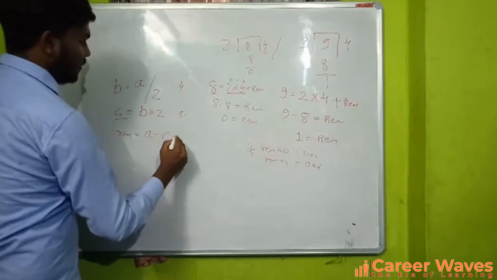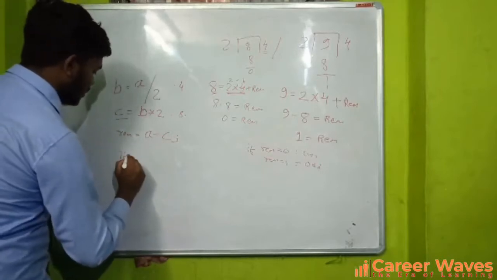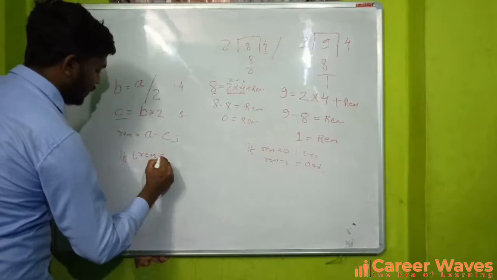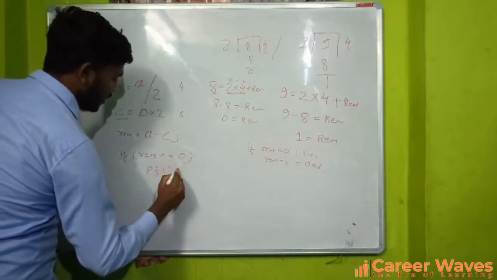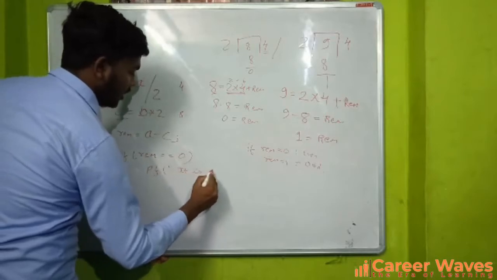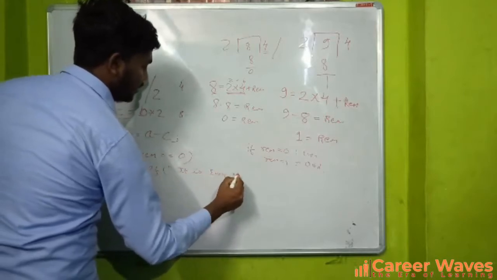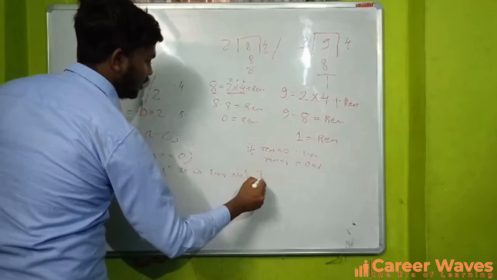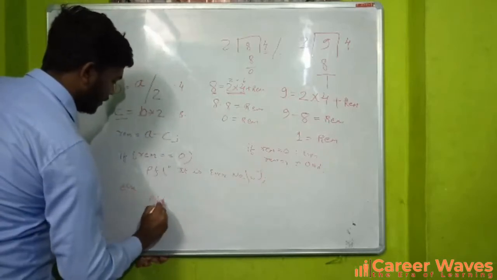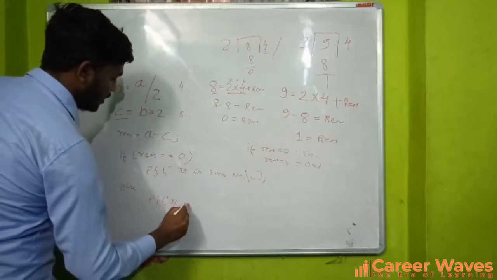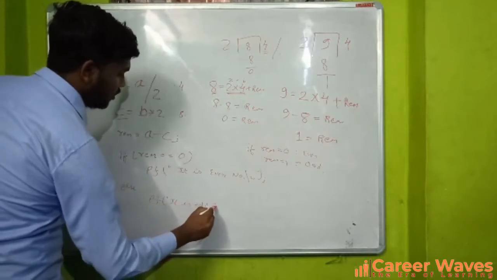Now this will give us the remainder. So if remainder is equal to 0, then printf it is an even number, new line, else printf it is an odd number.